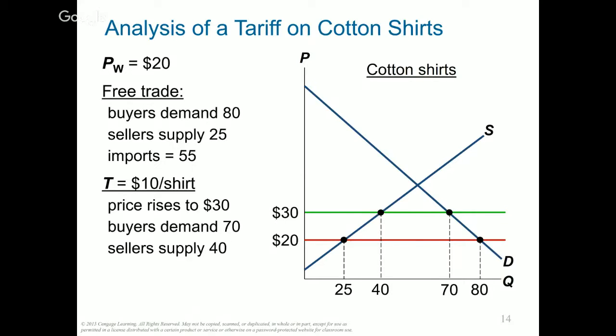So at 30, they'll produce 40 units. So by increasing the tariff, consumers are suffering, but your domestic producers are benefiting. And then your number of imports goes down to only 30 units. Okay, so remember, a tariff will benefit your producers, hurt the consumers, but it will also reduce the number of imports.